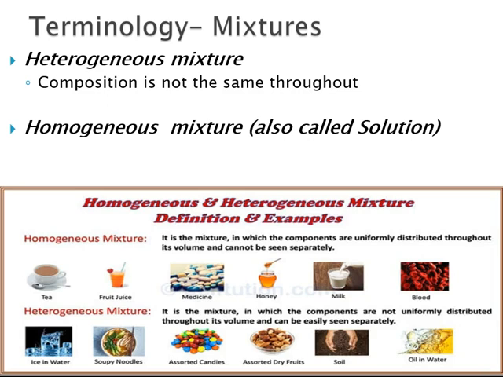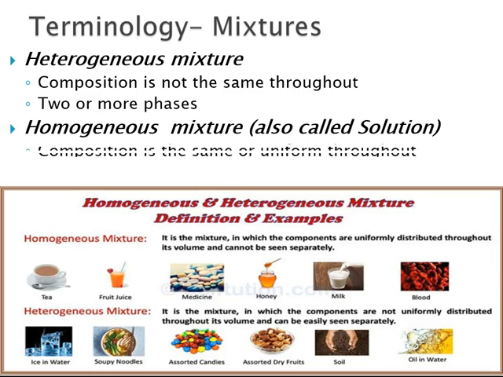Homogeneous mixtures, which are also called solutions, are the same throughout. So a heterogeneous mixture has two or more phases in it, generally speaking. And a homogeneous mixture, the reason it's called a solution, is everything is uniform throughout. So it's usually a liquid. So that's why the name solution.